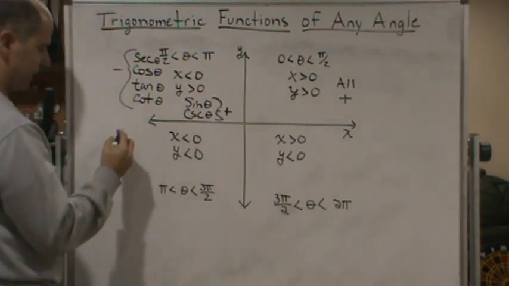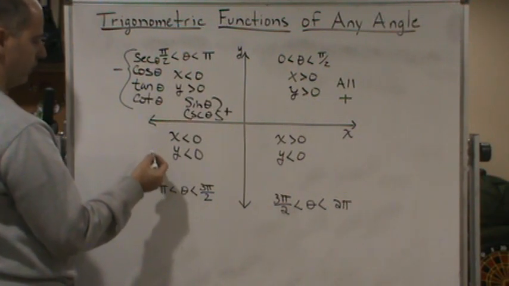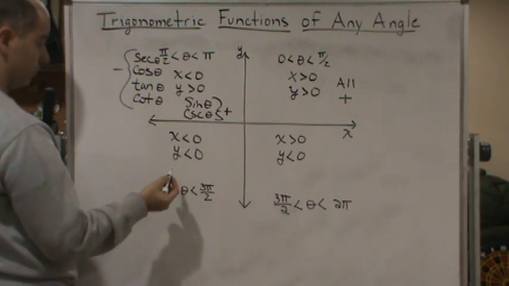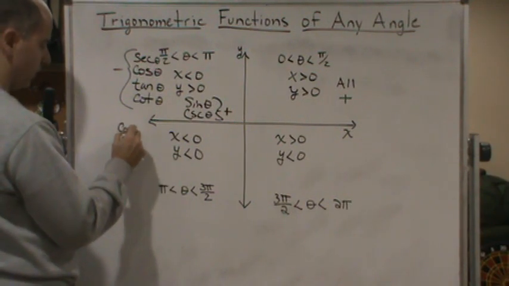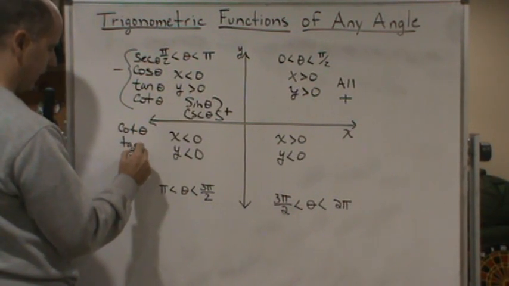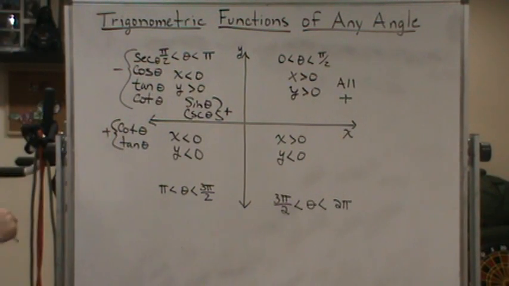The ones that have both x and y are going to be positive, so cotangent and tangent are both positive.